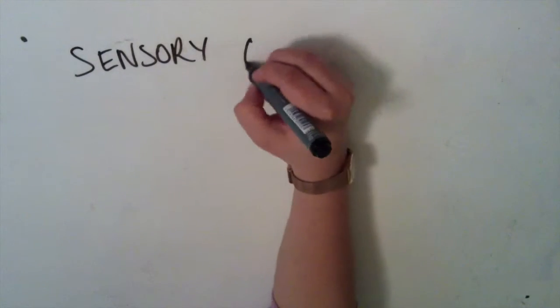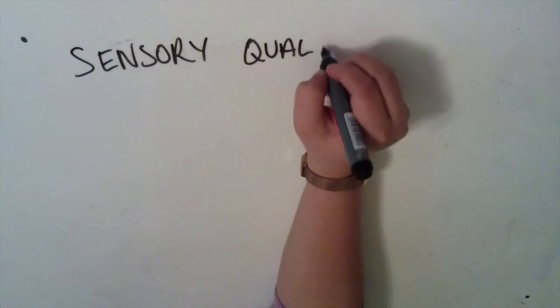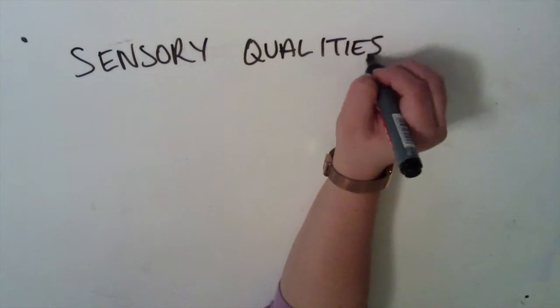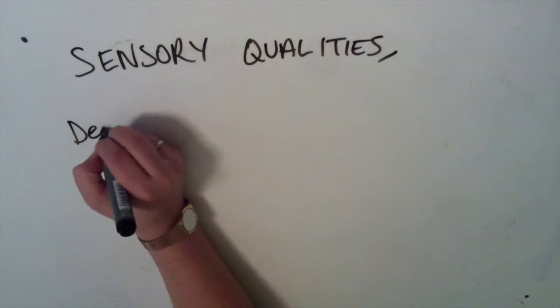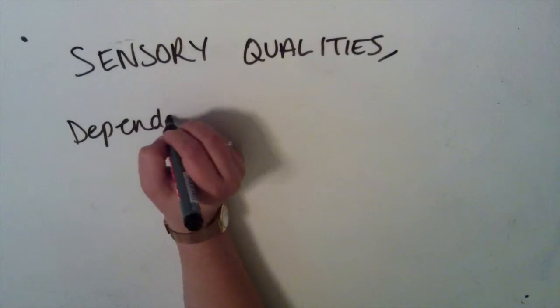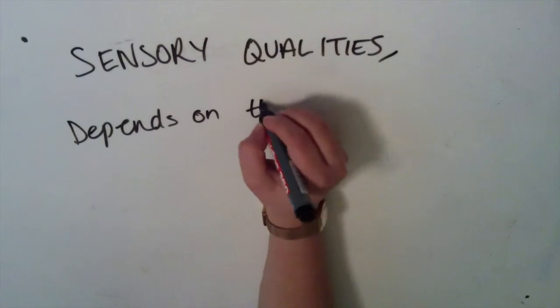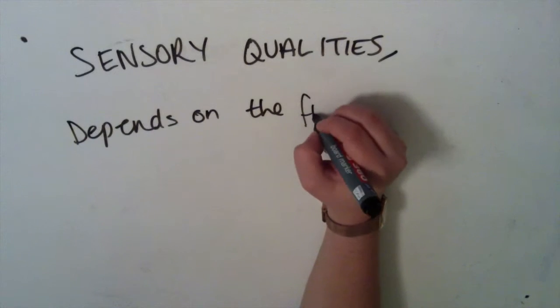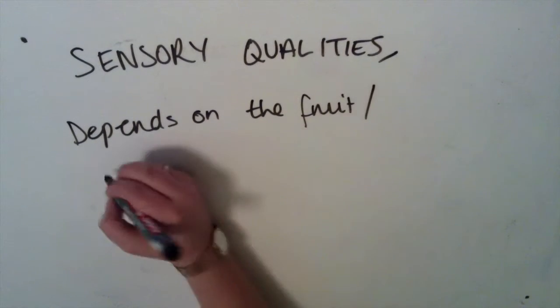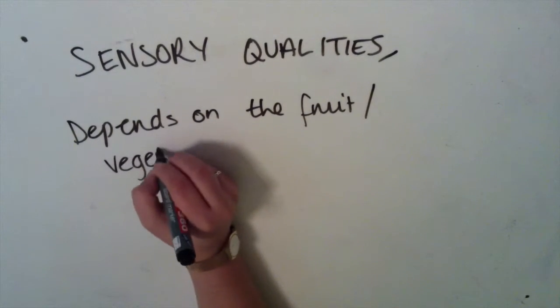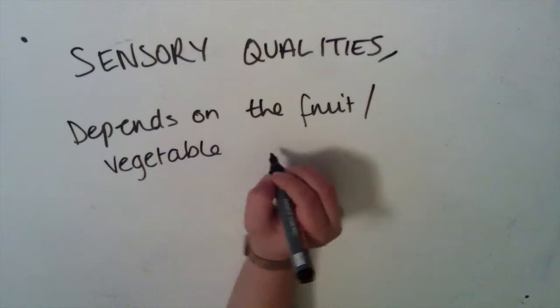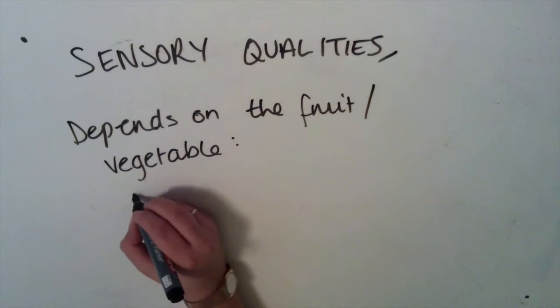The next thing I'm going to talk about are the sensory qualities of fruits and vegetables. Now, because obviously this commodity covers so many different types of foods and fruits and vegetables, each of them have their own individual sensory qualities. So some can be really, really bright, so things like carrot and pepper, whereas some of them can give you strong flavour.